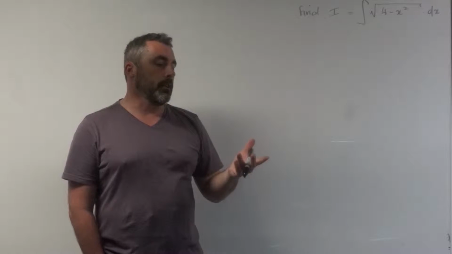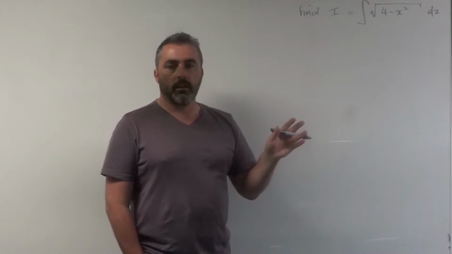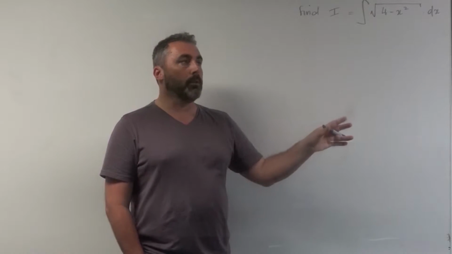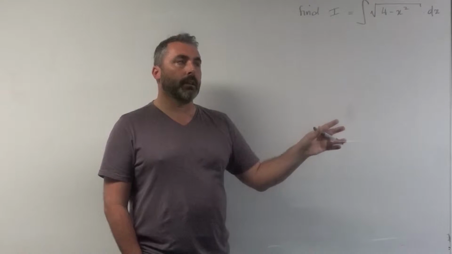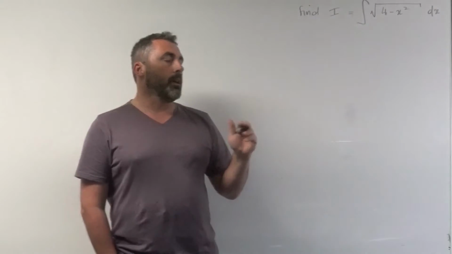So in all of the other substitution integrals that we've done, we've said let u equal something to do with x. But this time I'm going to let x be something else. I'm going to replace x with another expression.